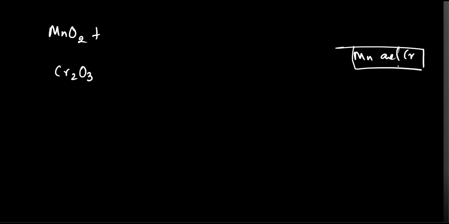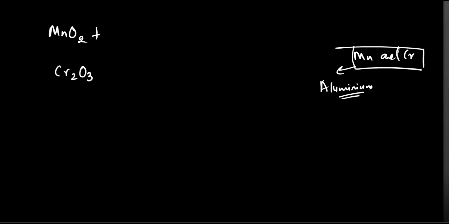If we have manganese oxide, MnO2, and chromium oxide, Cr2O3, they can be reduced with the help of aluminium.